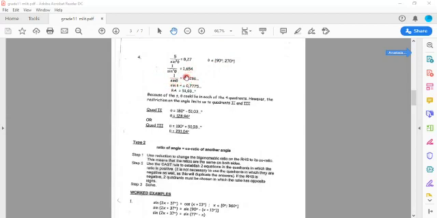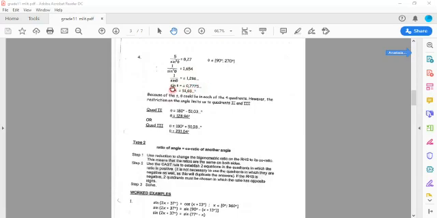Now because this is sine squared theta, we're going to root both sides. If I root this, I'll get 1 over sine theta. If I find the square root of 1,654, I'll get plus or minus 1,286.